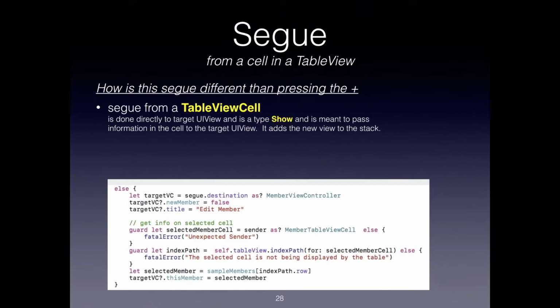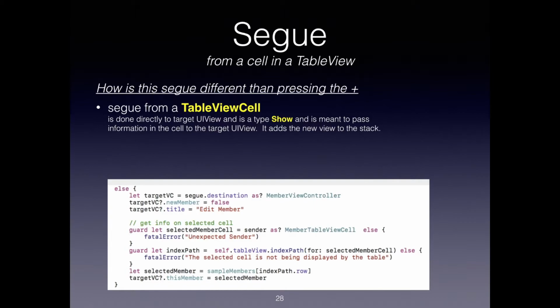And there's one more thing that you need to do here: you select the data from the correct row, and you populate it into an instance of a member. We'll call it selected member, and then in the target view we make the property this member equal to that selected member.